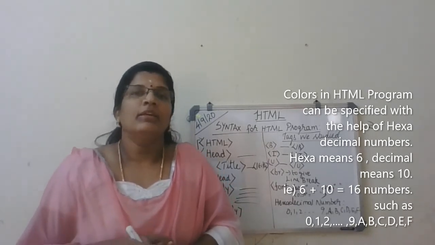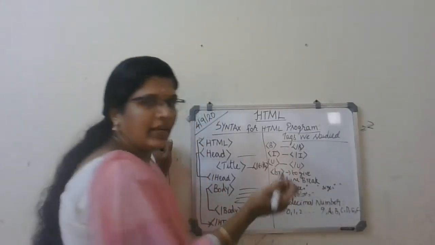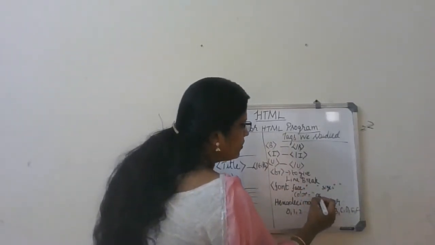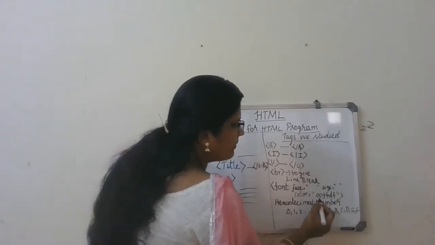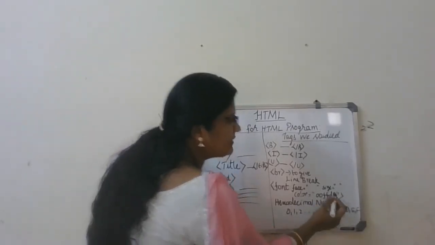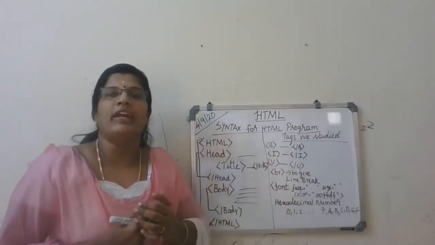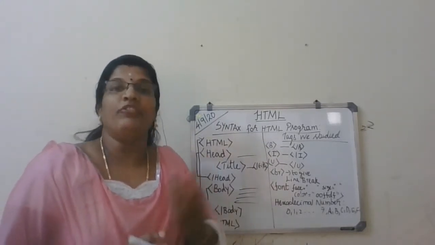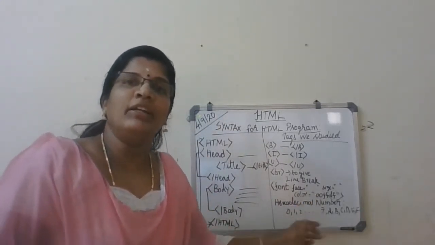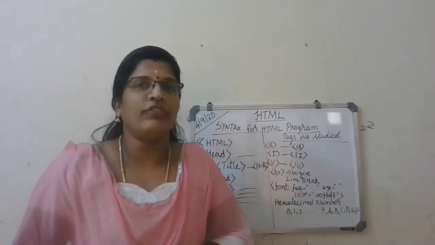For color is equal to, I can write in double quotation 0, 0, F, F, D, F. So how many? 1, 2, 3, 4, 5, 6. Total 6 digits are there. In any combination you can write and see what color you are getting. By making different combinations, you will get a variety of colors.